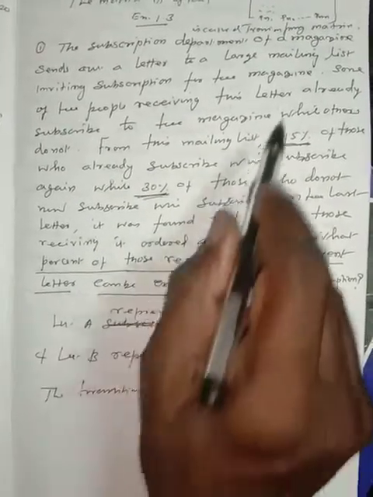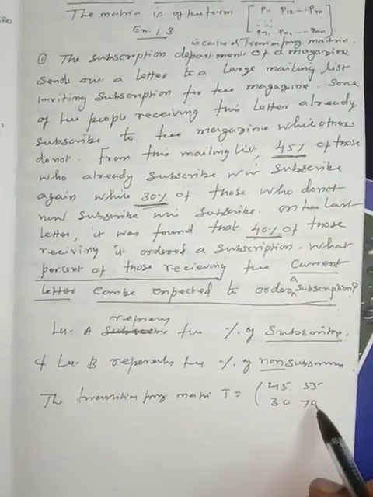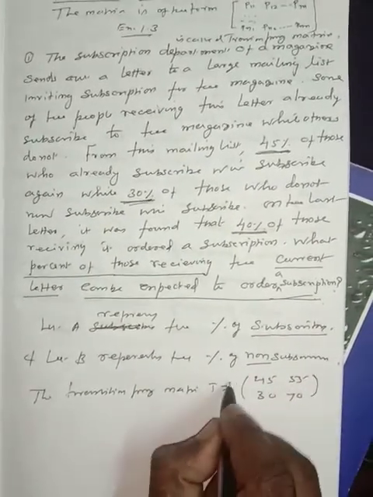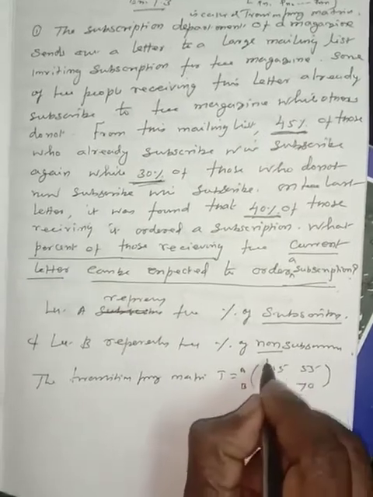The 45 and 30 are the first case, 55 and 70 the second case. Here the rows and columns are A, B.